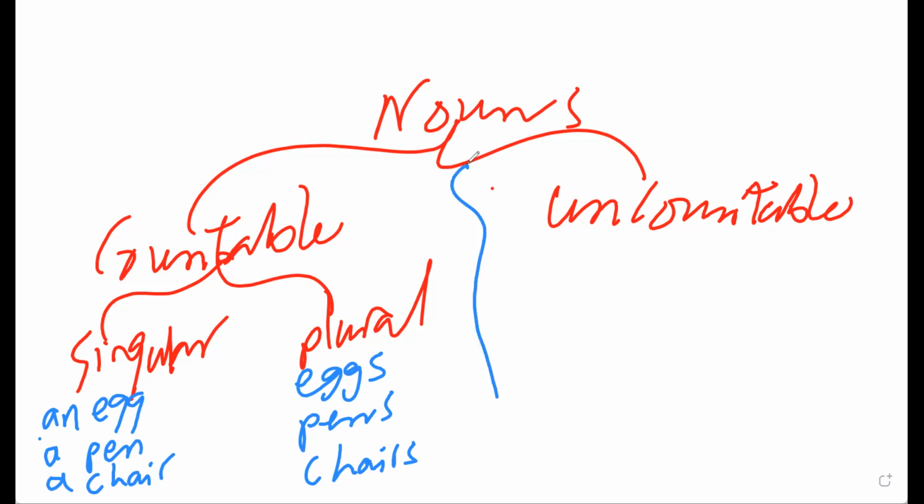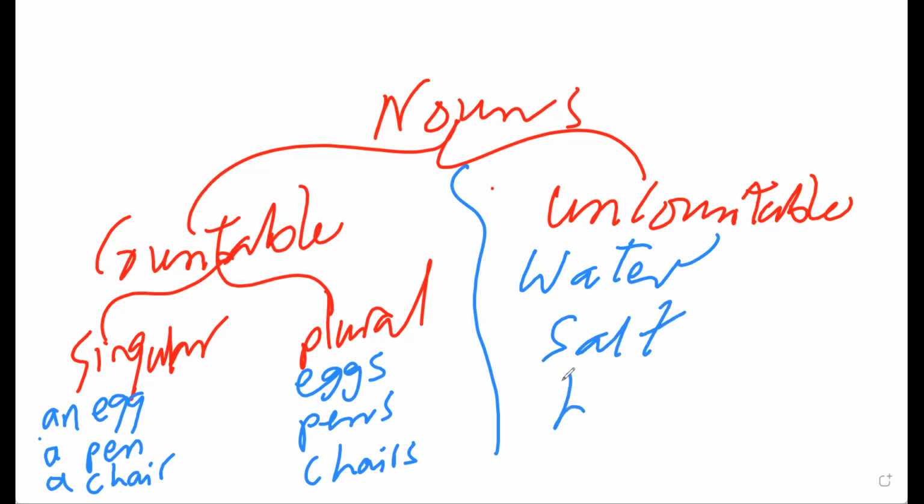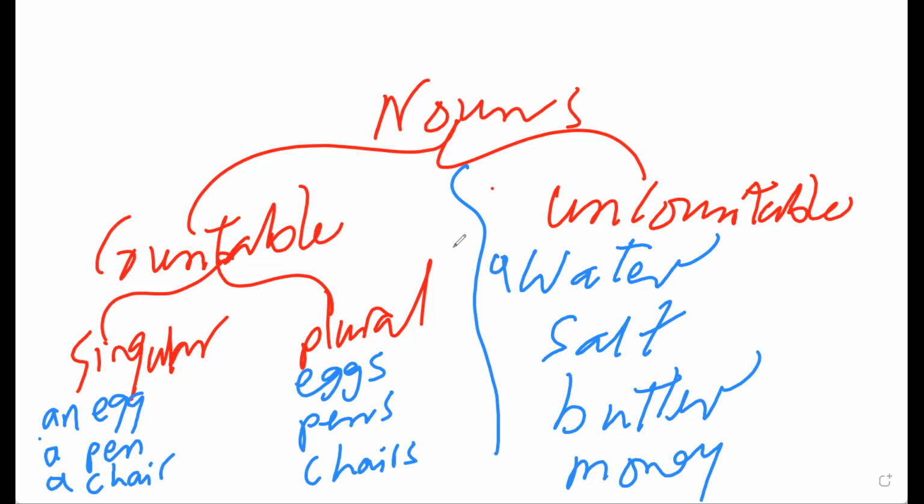Now, uncountable nouns. Uncountable nouns, like what? Like water, salt, butter, money, as you mentioned. Now, can you say "a water"? No. Can you say "waters"? No. Why?